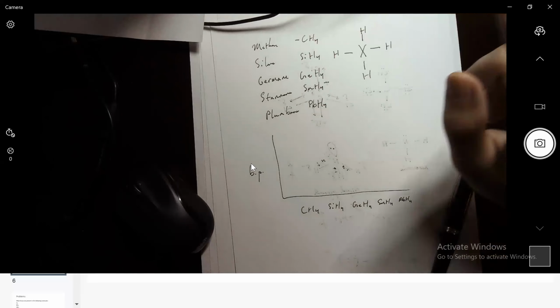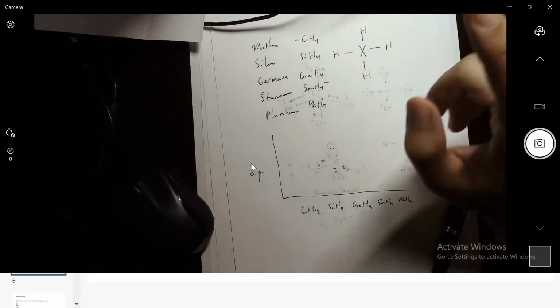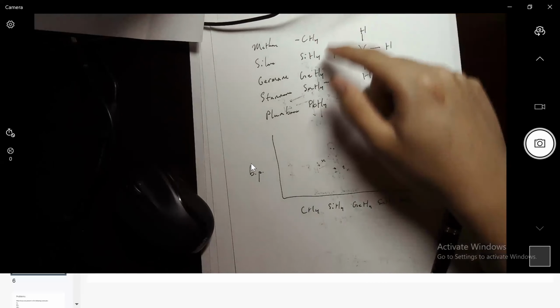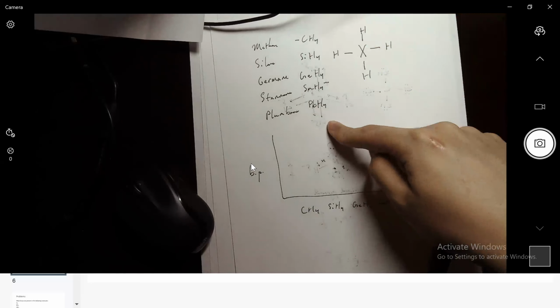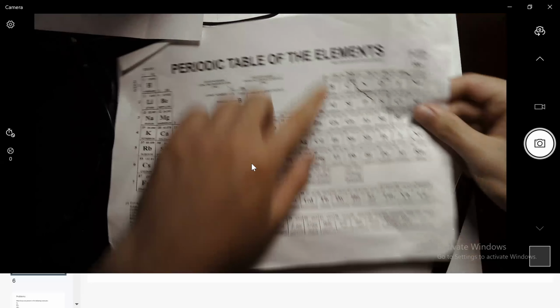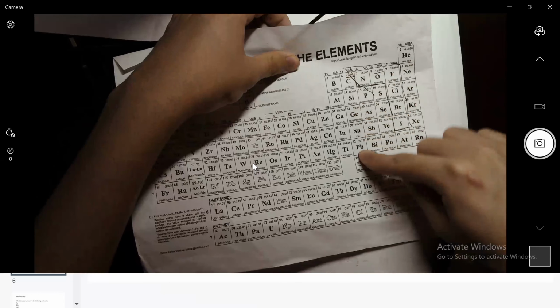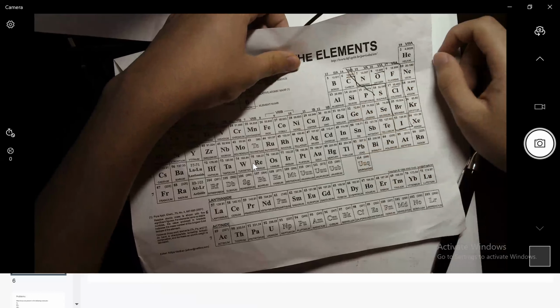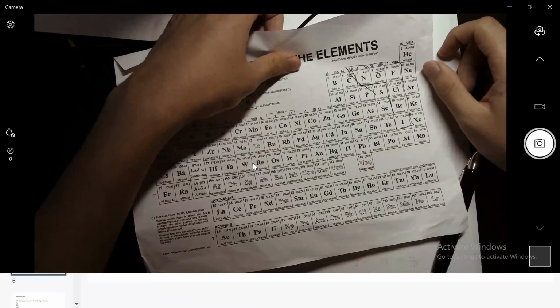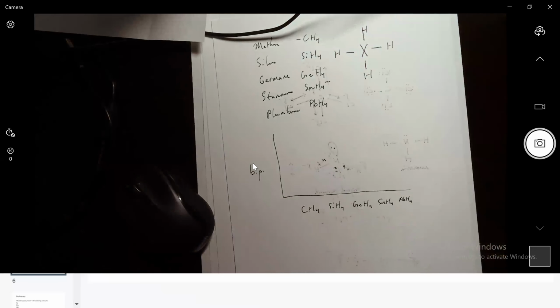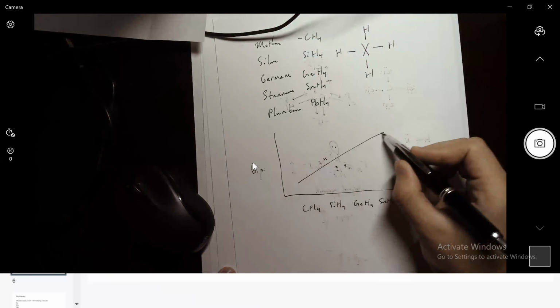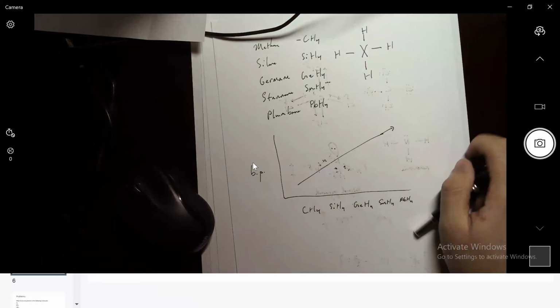So the only thing that's affecting the boiling points are the London forces. And since we're going down the periodic table, we're adding more electrons. So we have increases in London forces. So we should see something that looks like this, right?